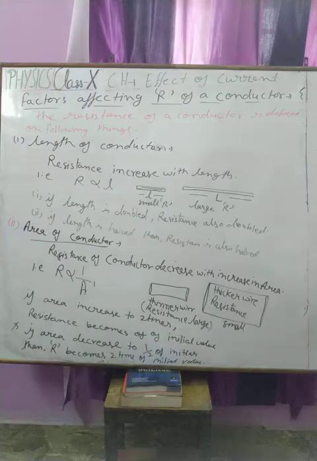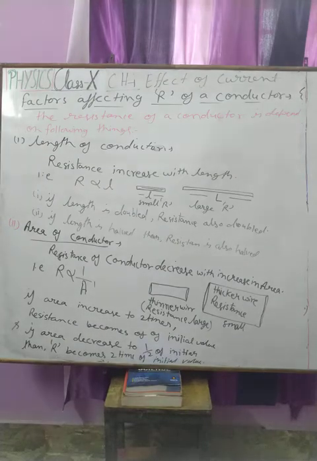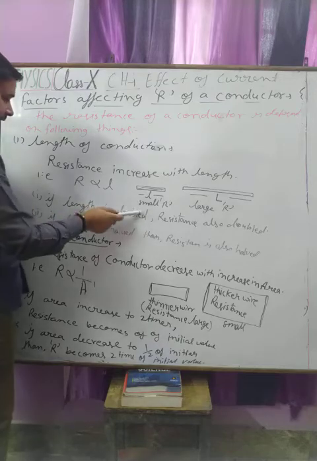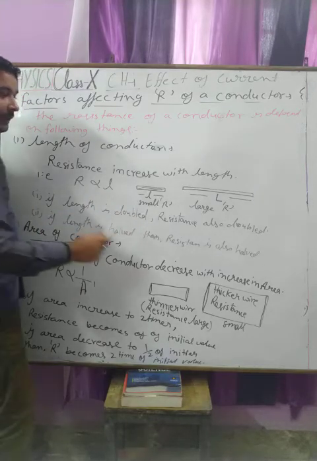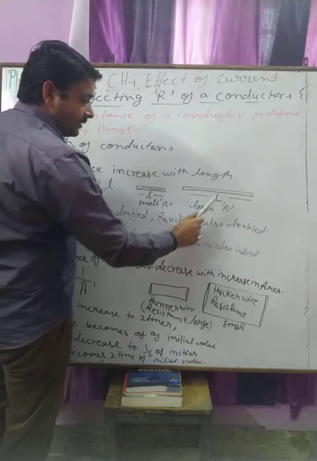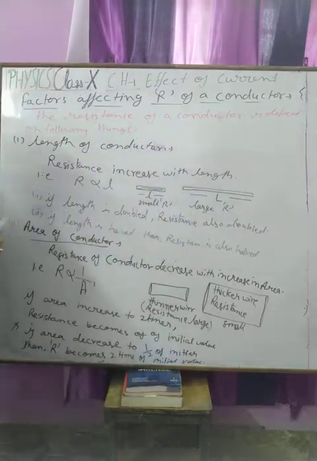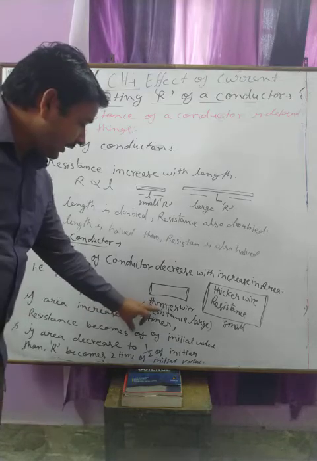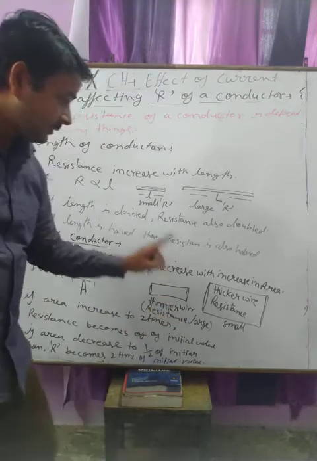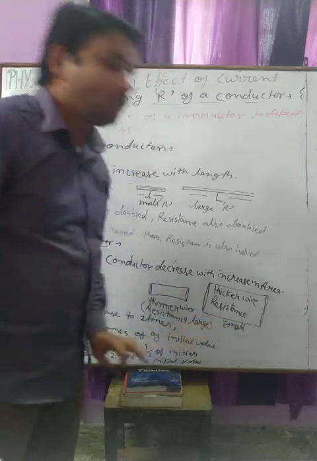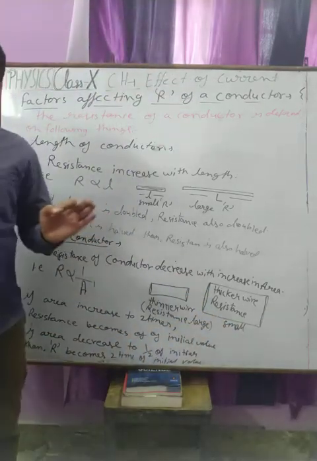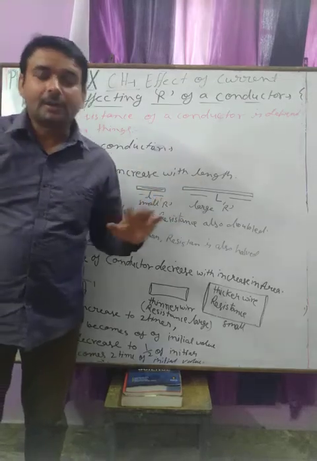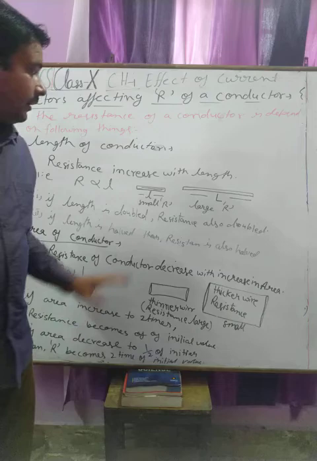So student, it is understood: a wire of small length has smaller resistance, and a wire of large length has large resistance. And when we compare with the area, a thinner wire has larger resistance and a thicker wire has small resistance. That is, in the thicker wire the current flows more easily compared to the thinner wire. Copy this.